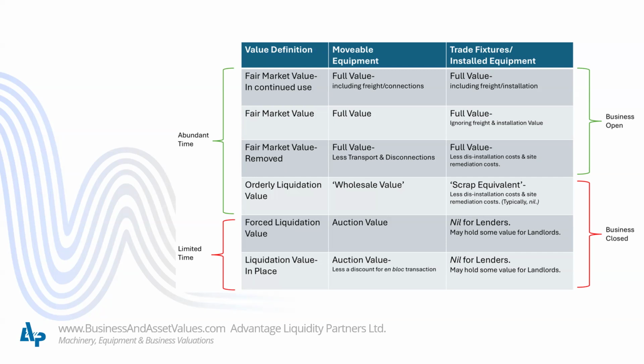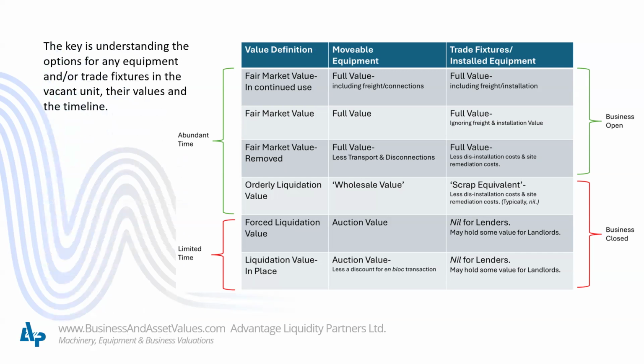And so the key to understanding the options for any equipment or trade fixtures in a vacant unit and their values is this timeline and the operational status of the business, and how we can resolve issues with lenders and other lien holders. So, for example, when a business closes, if they owed money to the bank and some of the equipment was collateral for that loan, there may have to be a resolution with other competing lien holders on these assets.